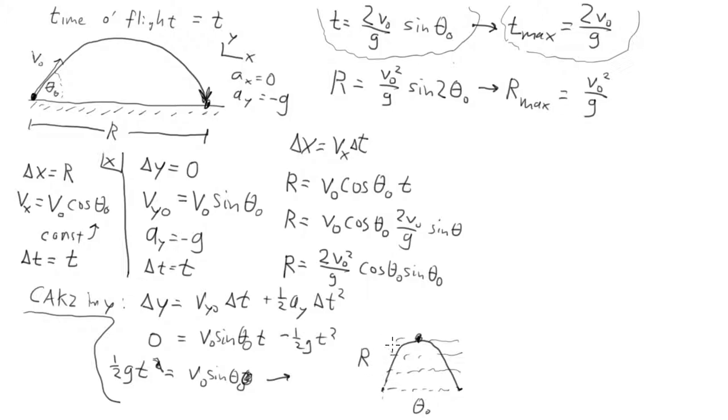It's WebAssign's silly way of randomizing these plot questions, just changing the scale of one axis. So you can find V naught. V naught equals square root of G times R max. That gives you V naught, and then you can now plug that in for T max.